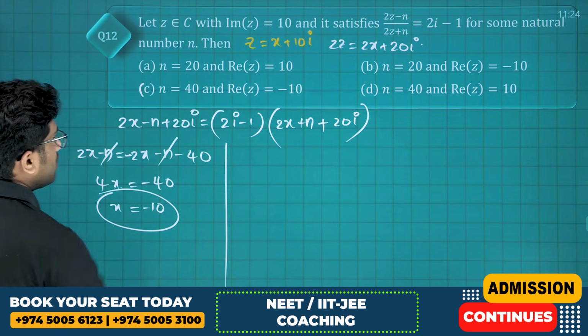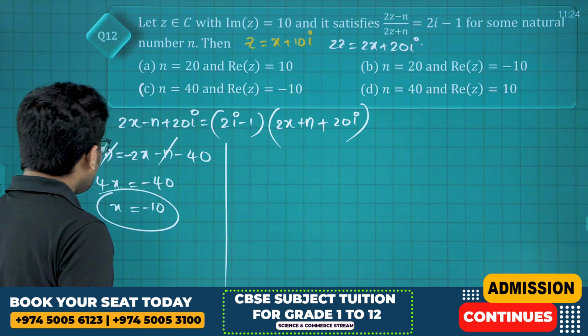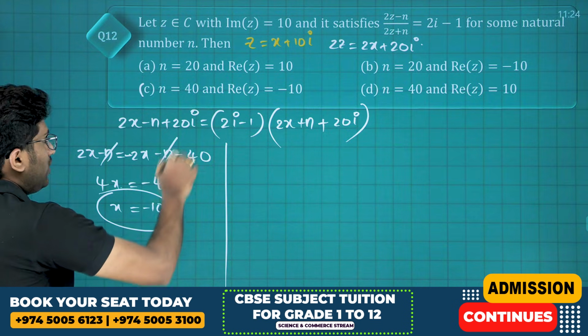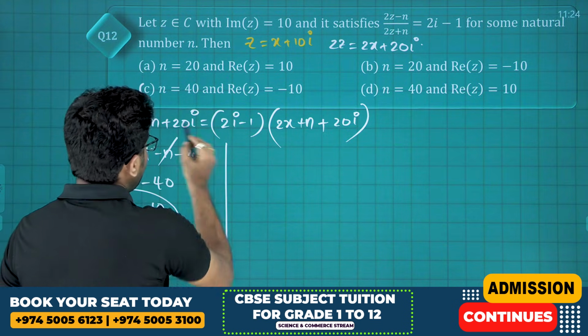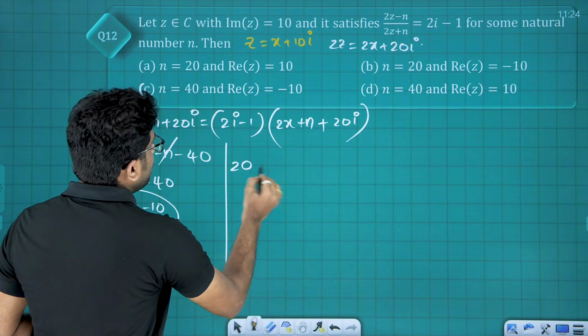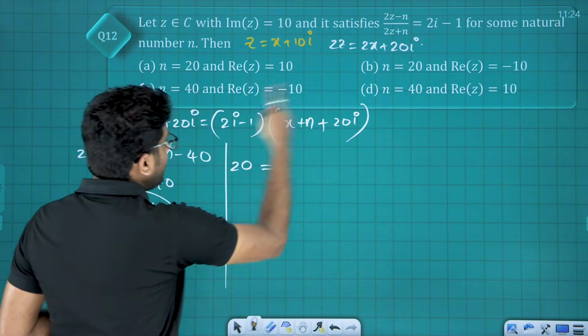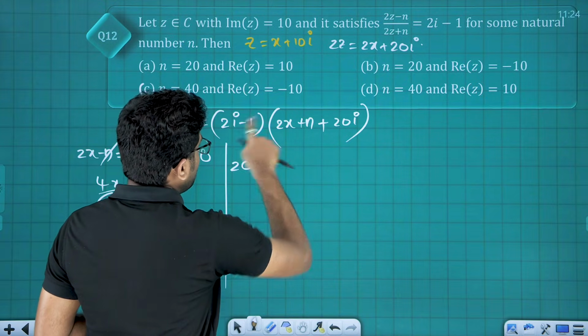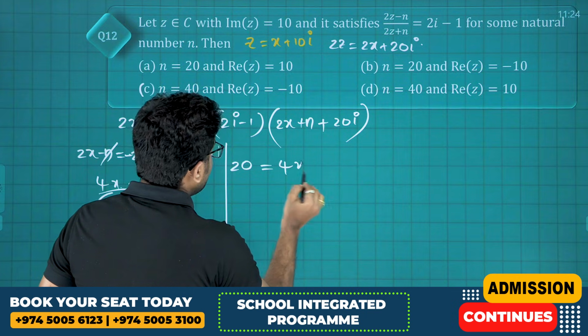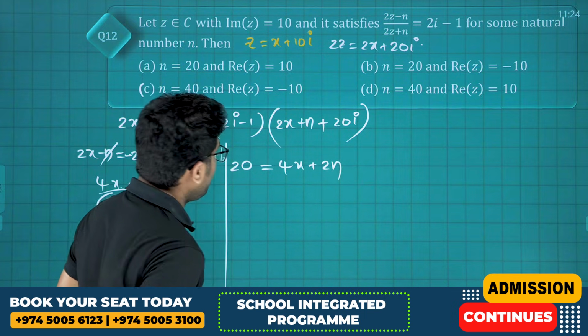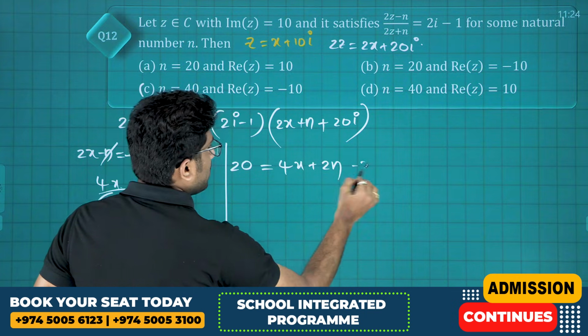Now we'll equate the corresponding imaginary parts. The imaginary part on the left is 20, this is equal to 2y, I mean I common, so 2 2s are 4x plus 2n, then 20i is minus 20.